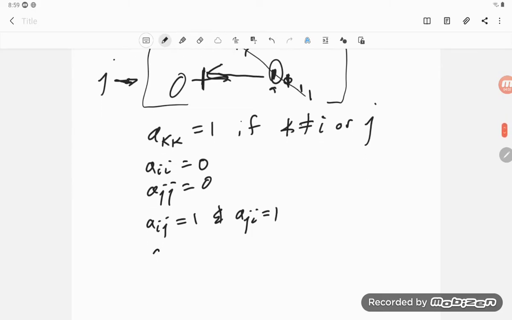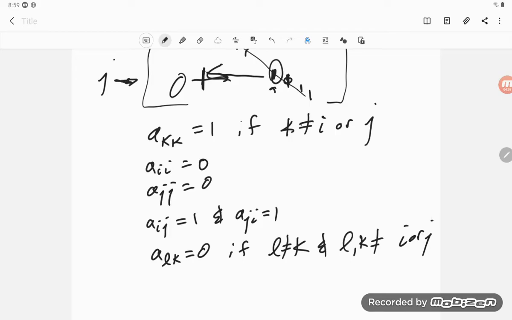And then A_LK is equal to 0 if L is not equal to K, so now we're off the diagonal, and L and K are not equal to I or J. Well, that isn't right, let's rewrite that.